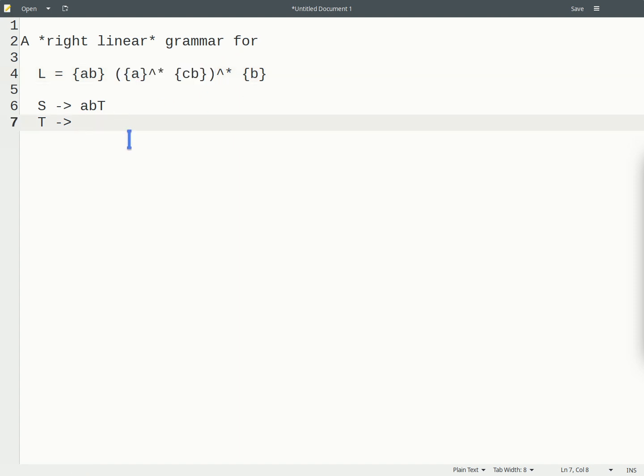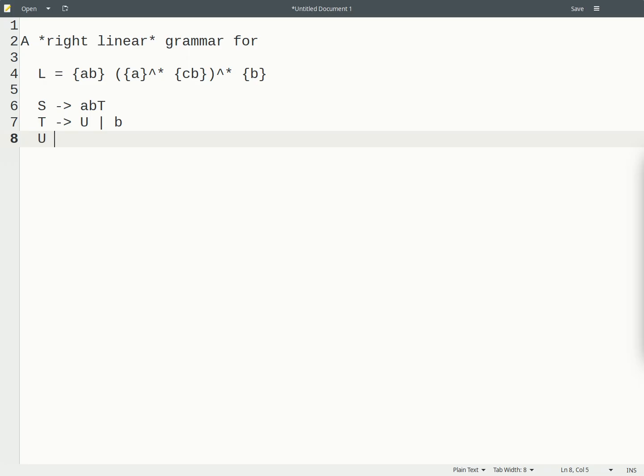So one clause should be that we want to generate more copies. Let's say that we switch to a variable U, which is responsible to generate a word from this language, or we finish with b.